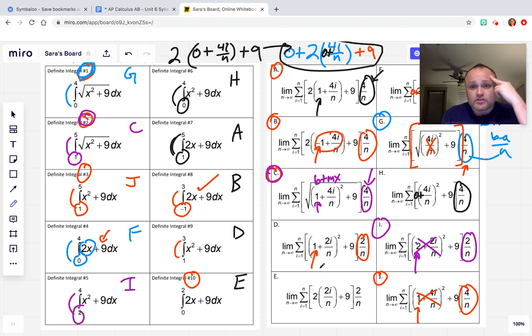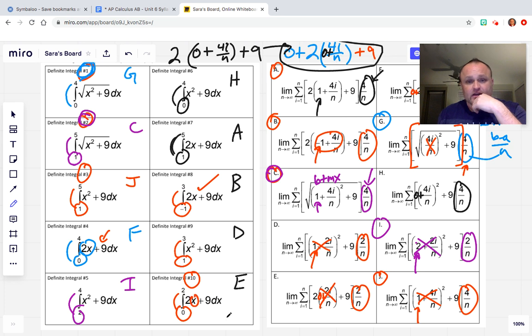It starts at 1. And it's x squared plus 9. Here's the last one. The width, or the jump, is by 2. There's a 0 plus 2i over n to be interpreted. So it's starting at 0. And then it's 2 stuff plus 9. Otherwise, 2x plus 9. And that's how you do those, guys.